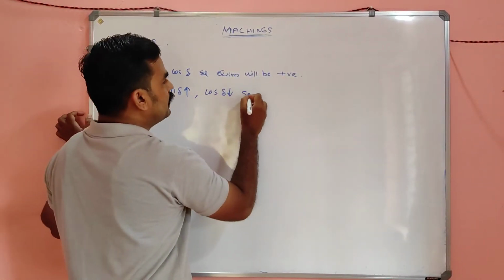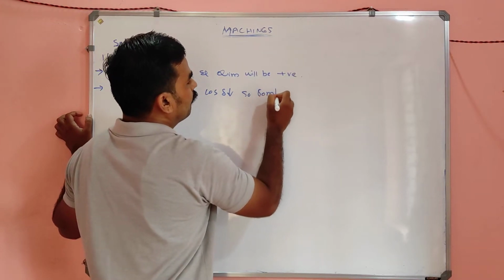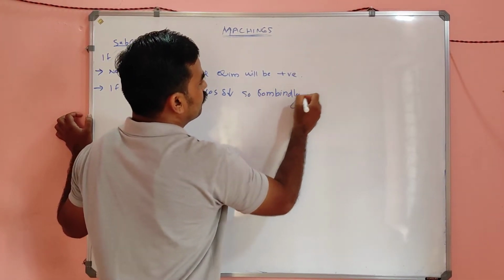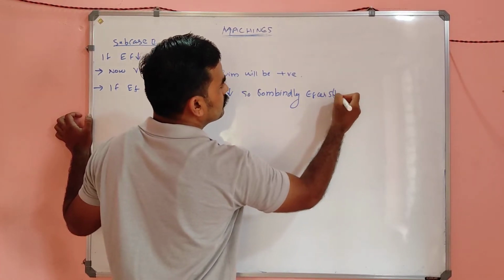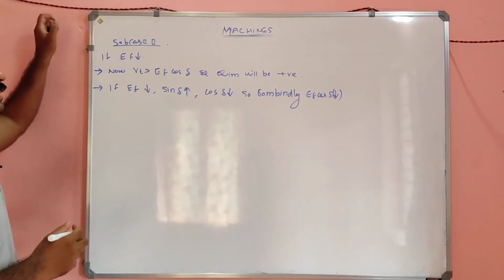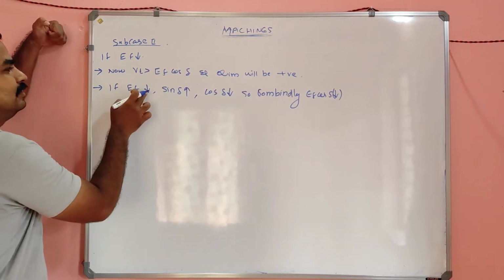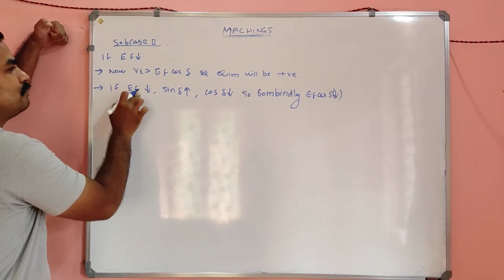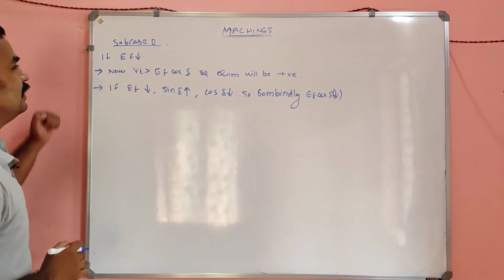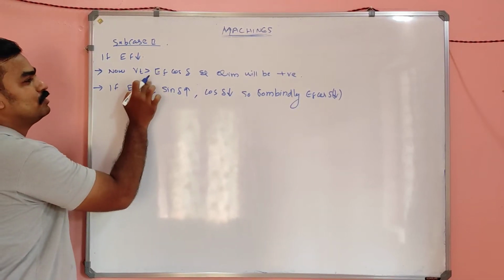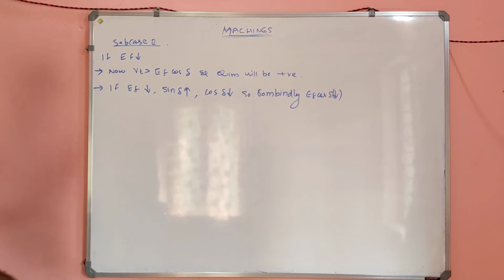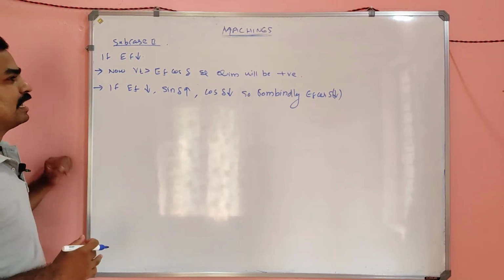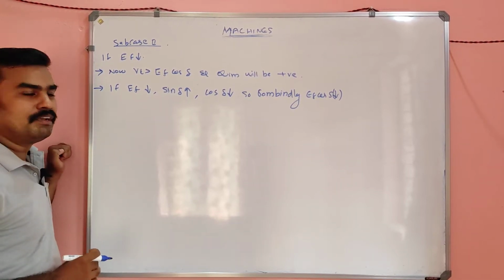So combinedly Ef cos delta decreases. Actually this should be first, right? You should write this first, and then this again. Then only it will be like a story.